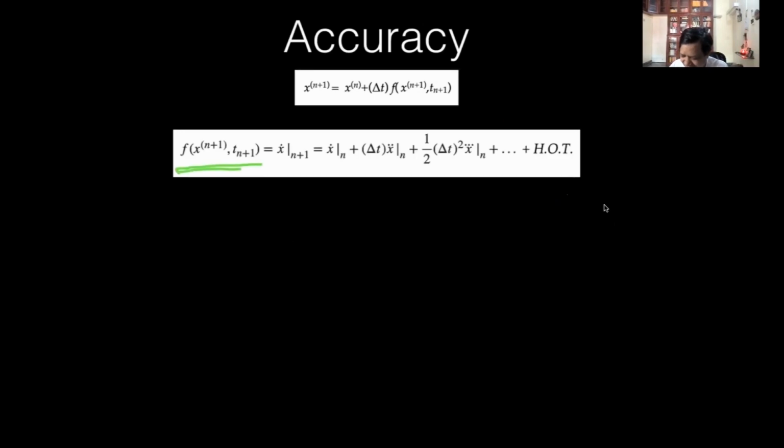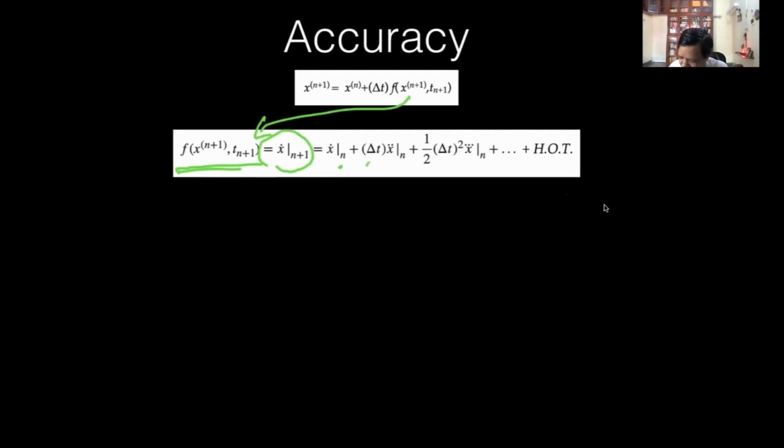Now, what is the accuracy of Euler backward or Euler implicit? So we can expand. Well, basically, the exact solution is not that. So I just expand f here, which is x dot at n+1, and when we do the Taylor expansion, it is x dot at n, where n means t_n.